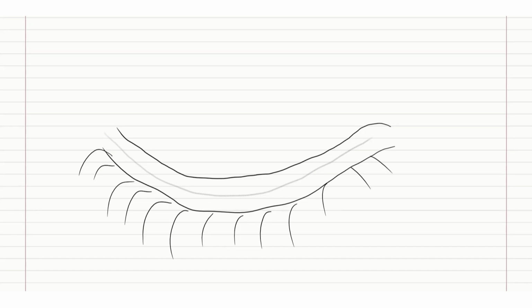We have 150 in the upper eyelid and about 70 in the lower eyelid. Now, there is this gray line, actually called the gray line, which separates the eyelid into the posterior part and the anterior part. This is the posterior portion, and this is the anterior portion.